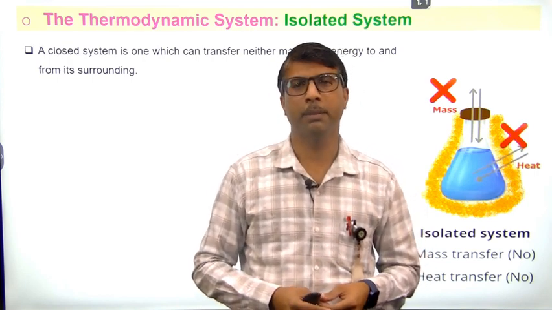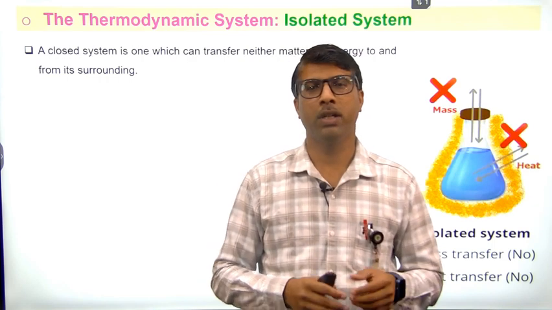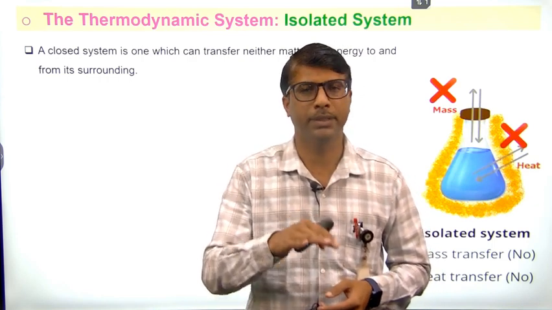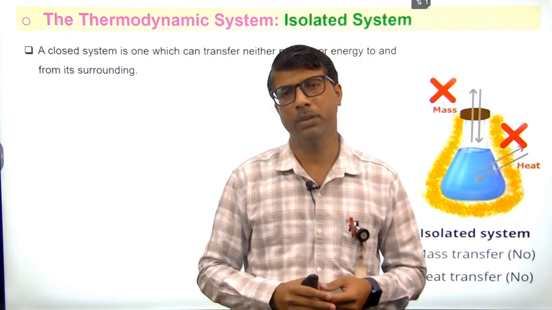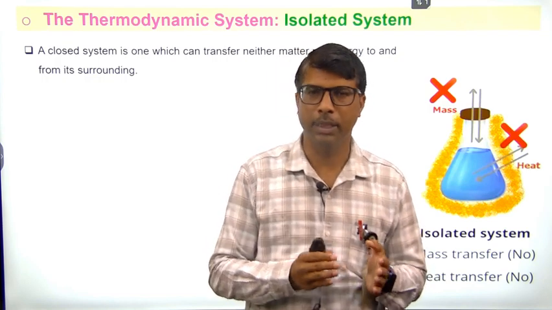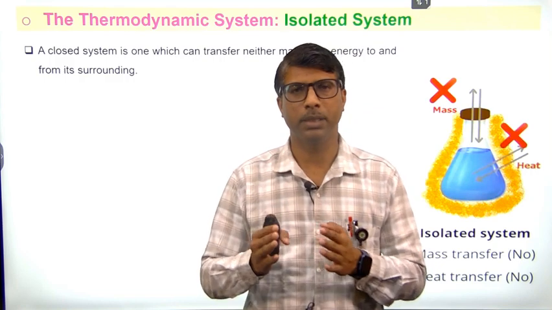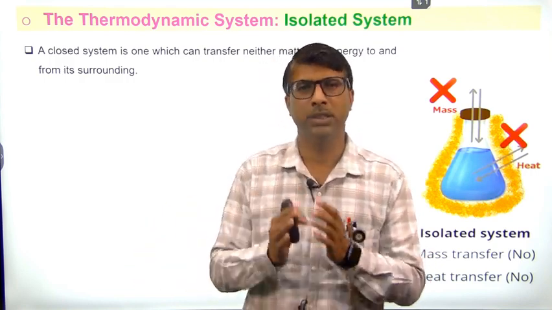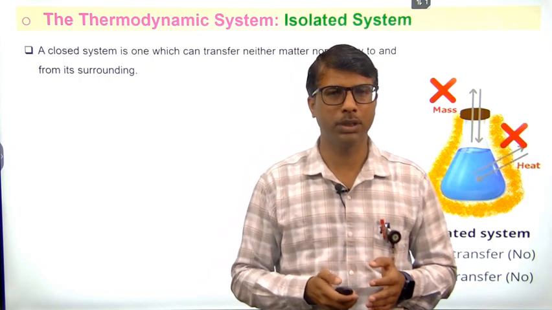Because of that, water vapor is trapped inside the flask, and heat is also trapped inside. Therefore the heat, that means energy, and water vapor, that means matter, are not exchanged with the surrounding. Such type of system is called an isolated system.